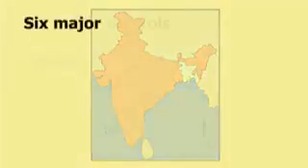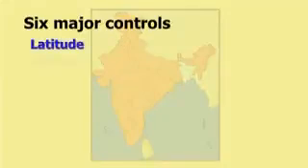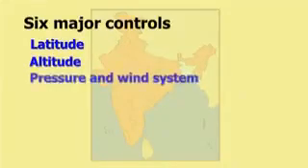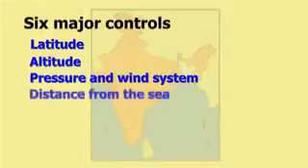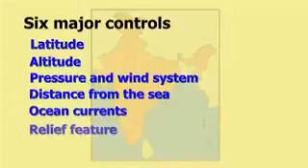There are 6 major controls of the climate of any place, and they are latitude, altitude, pressure and wind system, distance from the sea, ocean currents, and relief features. If we take up the first factor, latitude, now the earth is spherical in shape.